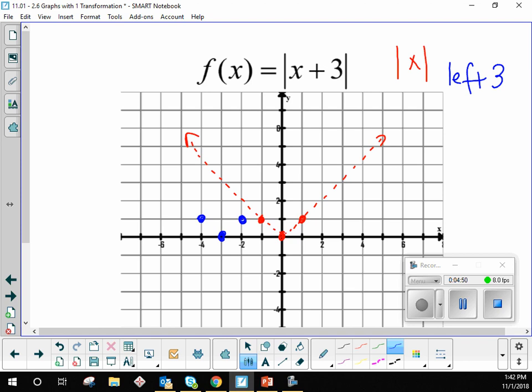But what I generally like to do, especially if there's only one transformation going on, is take the vertex, or the initial point, or the inflection point, whatever that important point is, and just move that. I just tell myself, okay, that had to go left one, up one. I don't actually even count the other ones. I just sort of fill it in the way I know it's supposed to look. It's like I just shifted my origin.